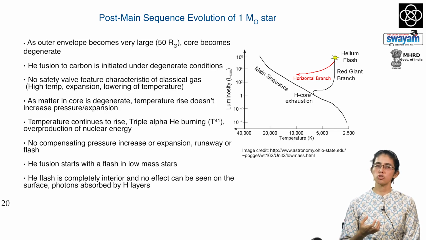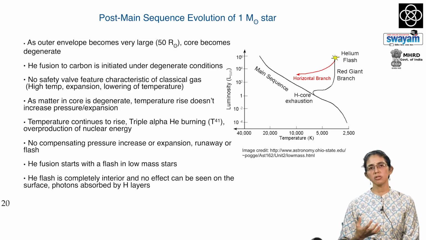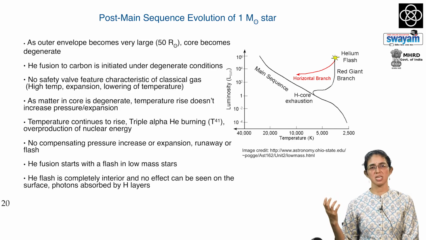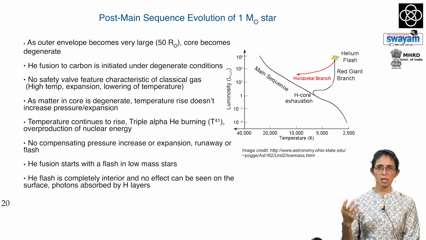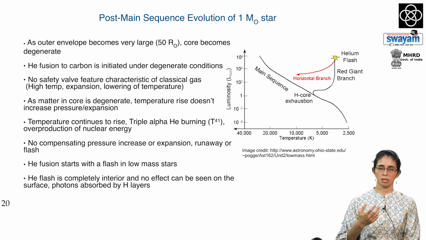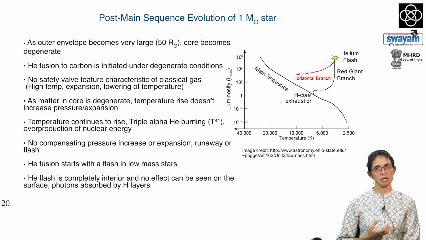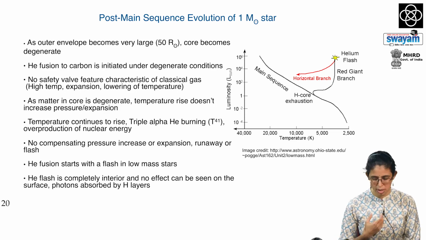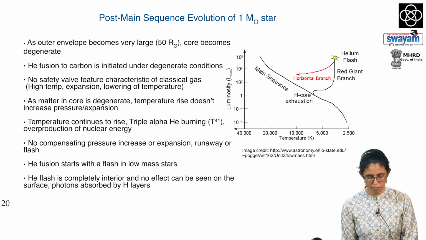It is very difficult to observe a helium flash, because although a large amount of energy is generated which is transferred outside, this energy is all absorbed by the overlying hydrogen layers, and its effect cannot be seen on the surface. But because of the conditions, it is expected that low mass stars do pass through this helium flash phase.